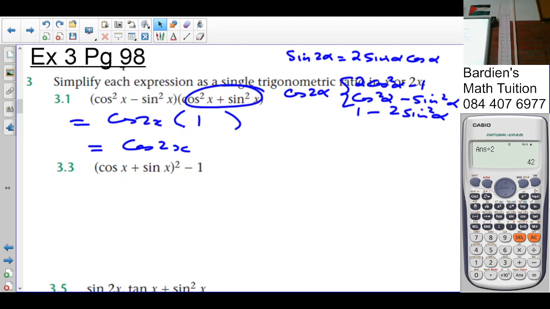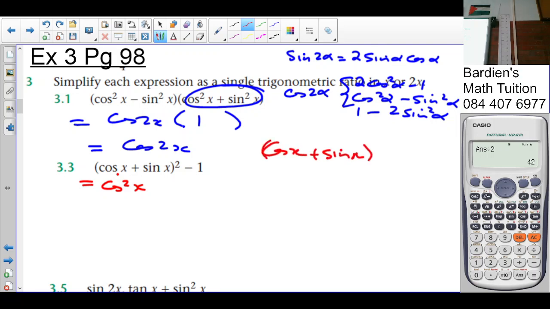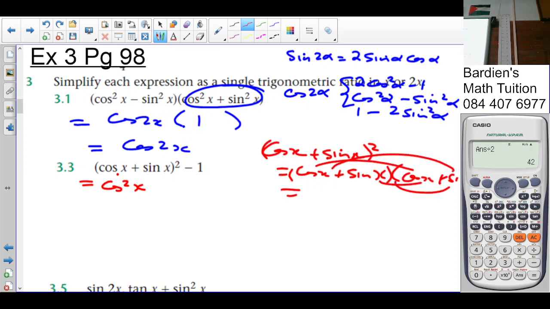Binomial squared, yes? Square the first term. That's going to give you cos squared x. Otherwise, if you don't know that, you can write cos x plus sine x squared as cos x plus sine x times cos x plus sine x, and then you multiply this whole story out.